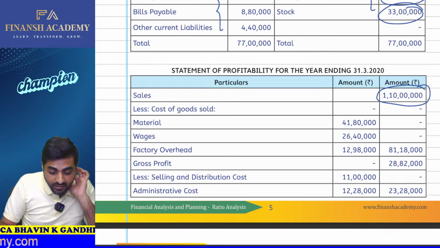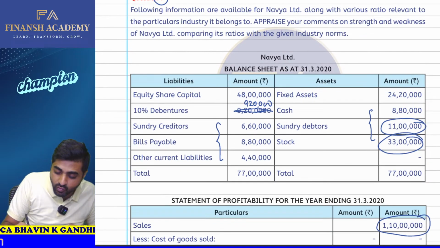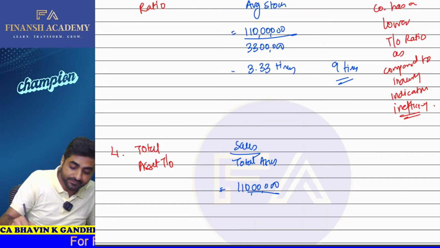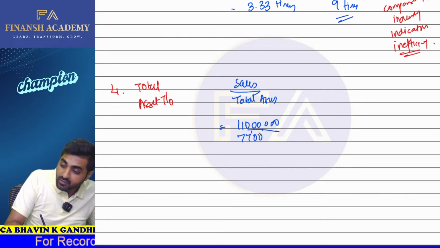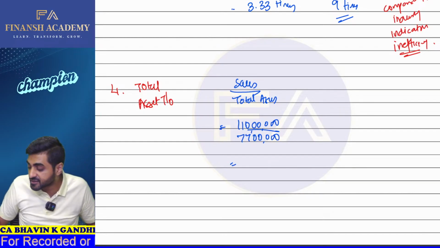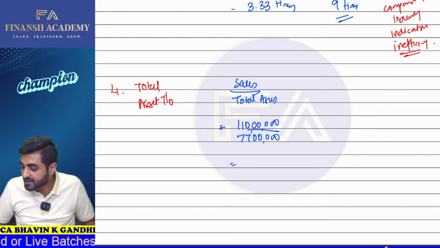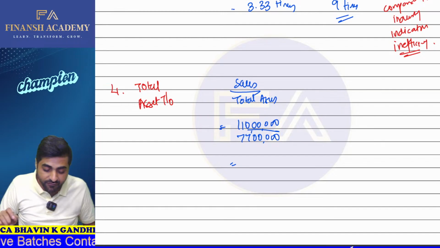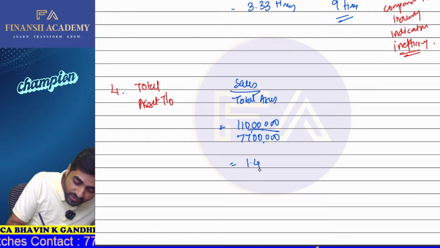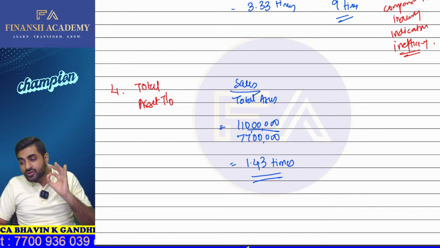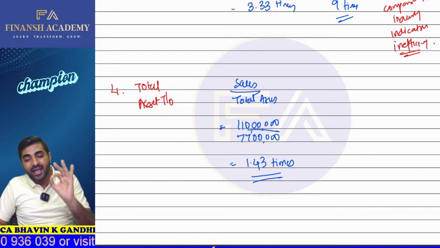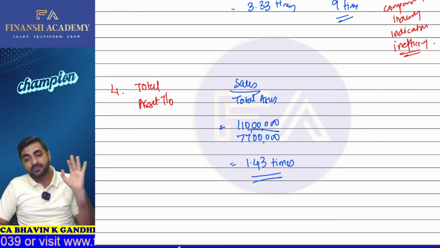In your balance sheet, we have total assets of 77 lakhs. So what is this ratio? Let's check this out. 1 crore 10 lakhs divided by 77 lakhs will be 1.43 times. So this is your total asset turnover ratio, which is 1.43 times.